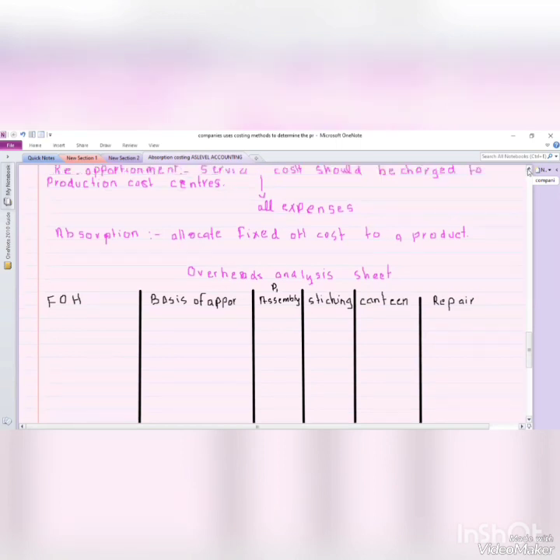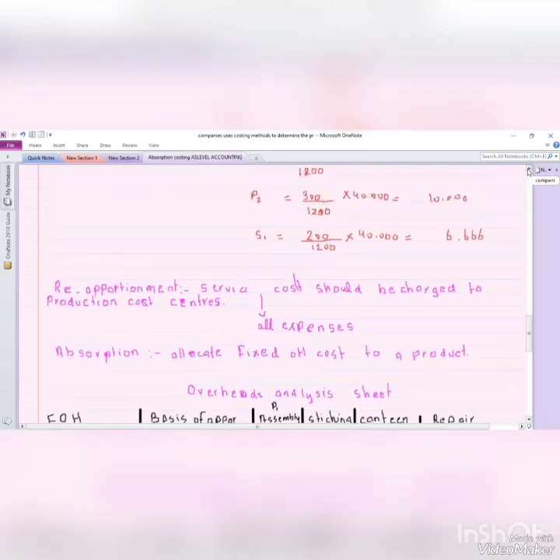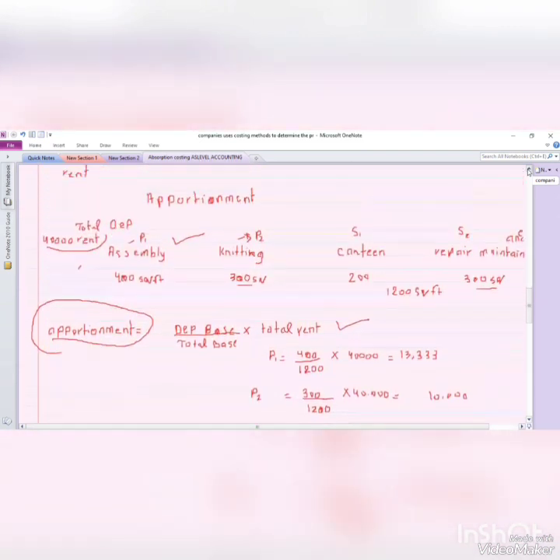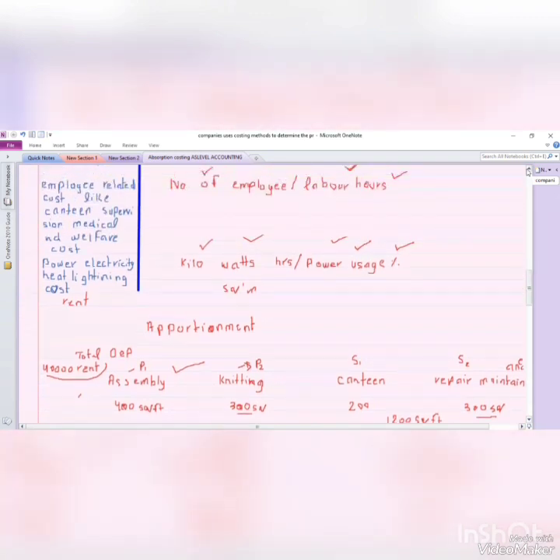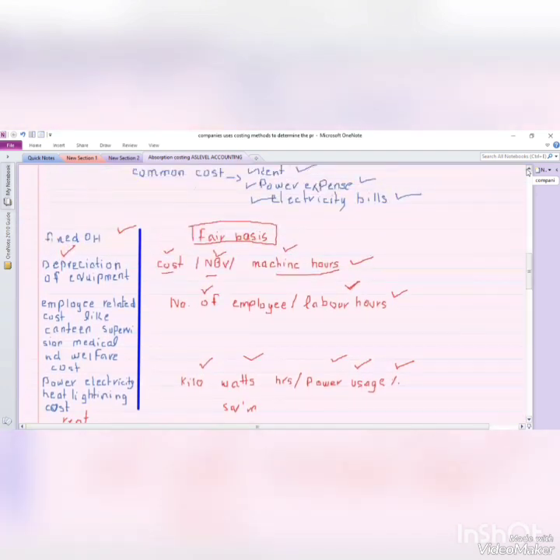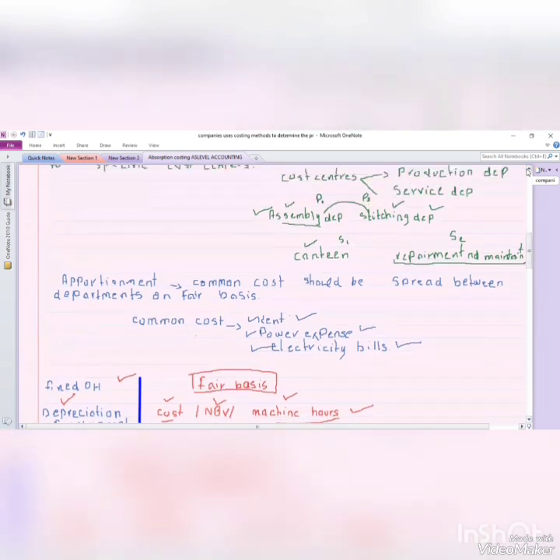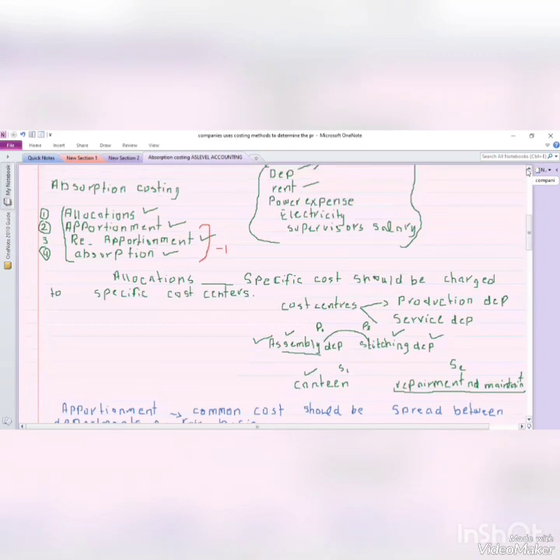Okay, so students, in the previous video, we were talking about absorption costing and we discussed the steps of it. They were allocation, apportionment, reapportionment, and the final step was absorption.